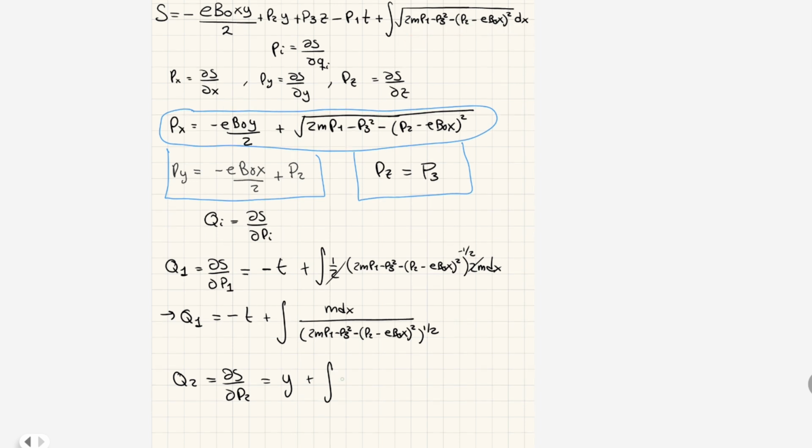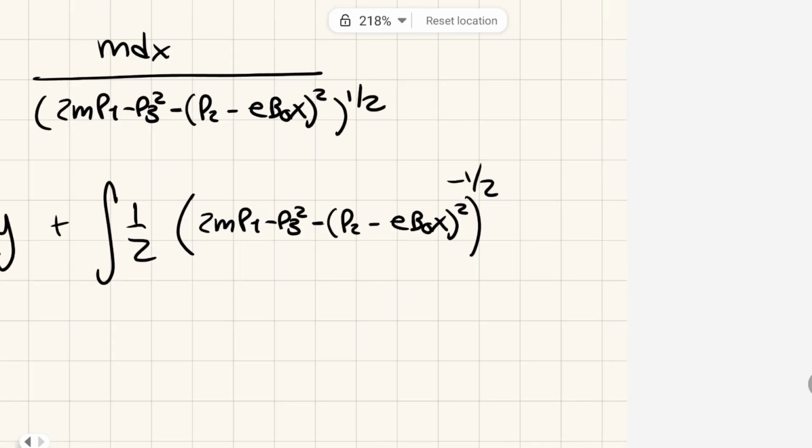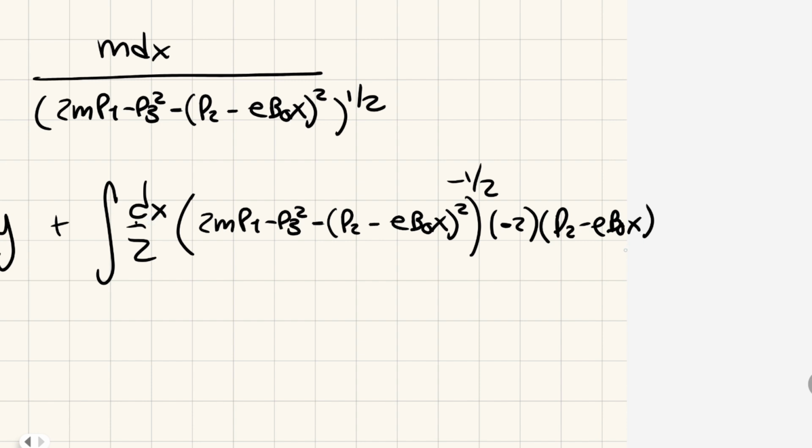So that is going to be 1/2 times this expression that is raised to the negative 1/2, and then we are going to multiply by the derivative with respect to p_2 of what is inside here. So that is going to be minus 2, right? And then (p_2 minus eB_0 x). Let me write the dx here because I no longer have space.